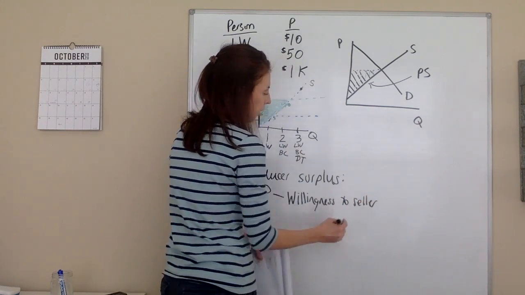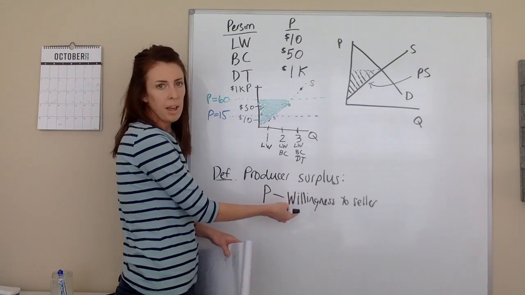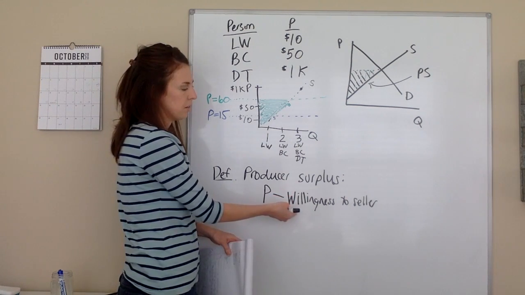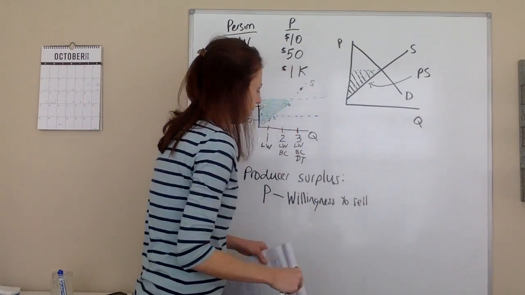And again, recall that this willingness to sell is effectively the supply curve. The supply curve is determined based on people's willingness to sell.